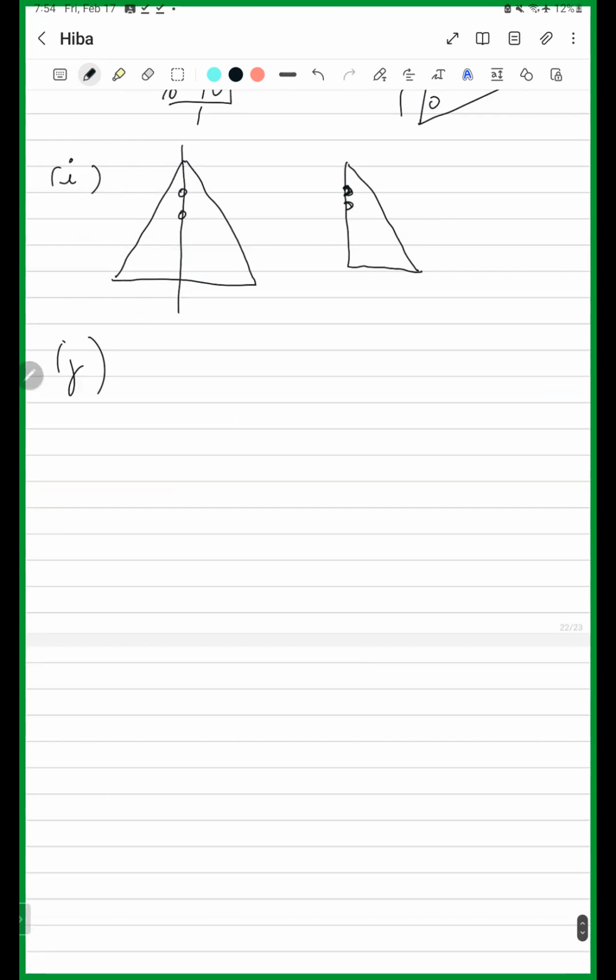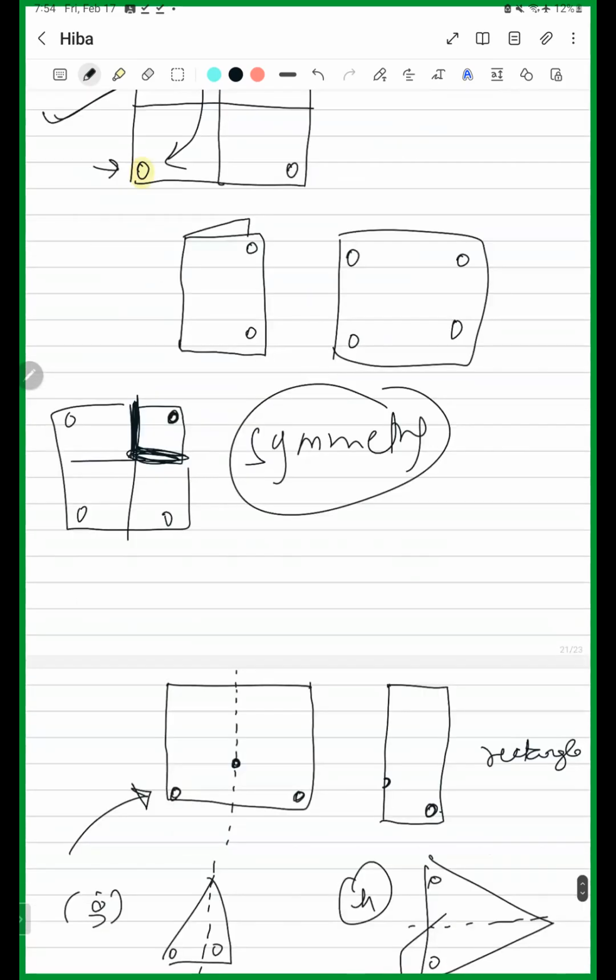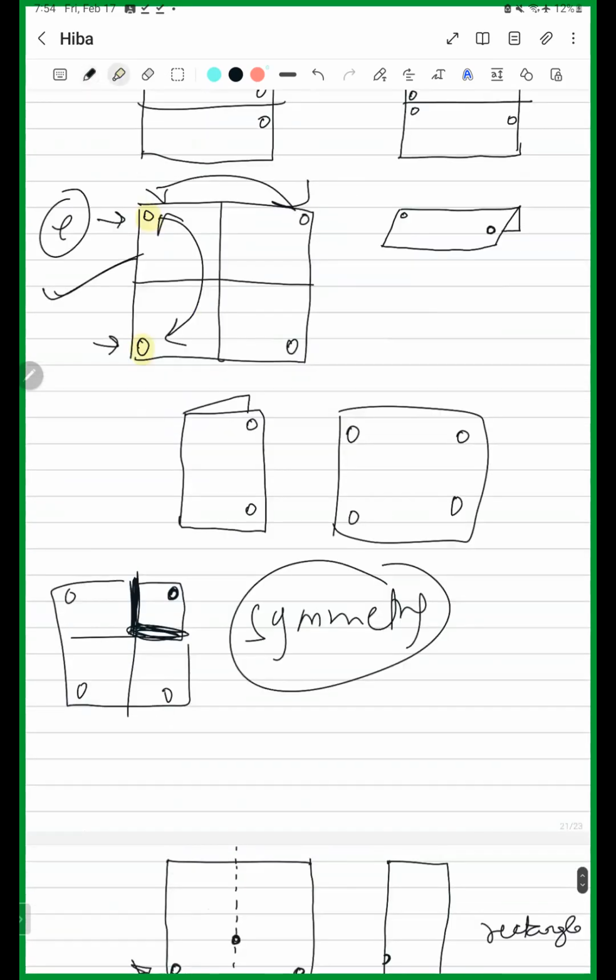There's a circle and 2 dots over here. Now tell me. Circle is vertical. Very good. There are 4 dots in this circle. This is just like this square. They are both horizontal and vertical.